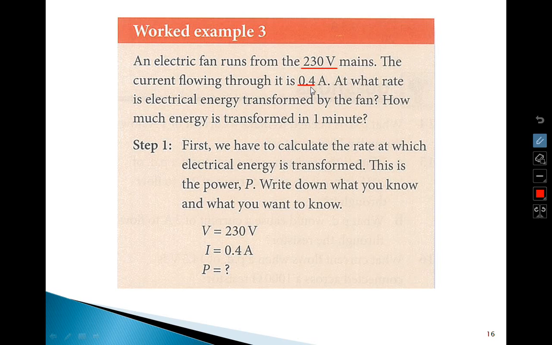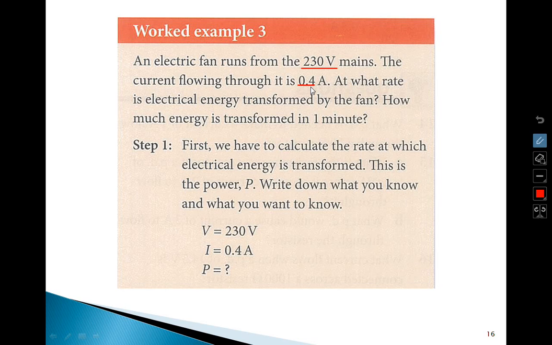This can be done by the power, P. So write down the equation of P. P is equal to V times I.